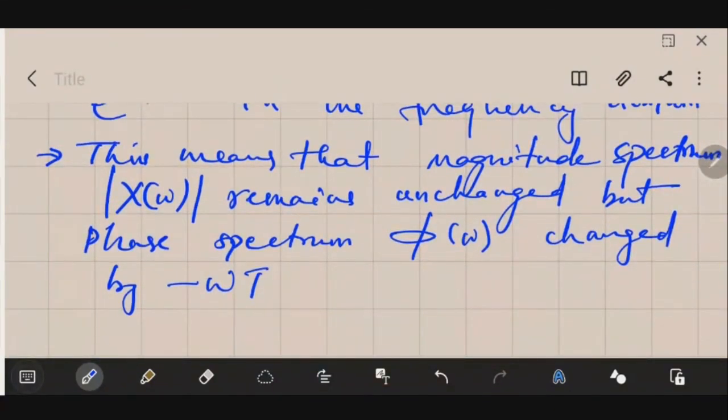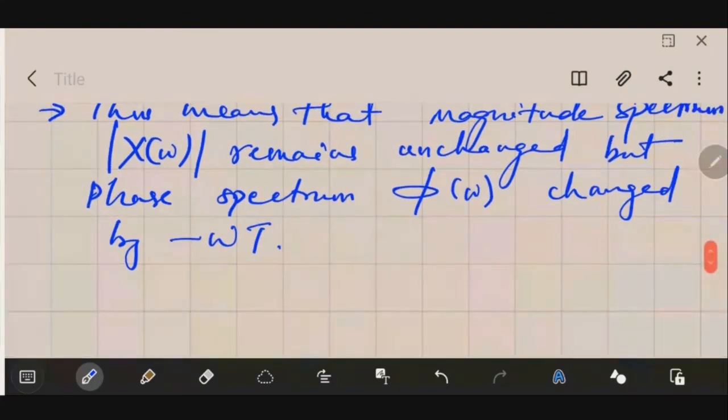So now that we have written the statement of this property, let us go to the mathematical expression.